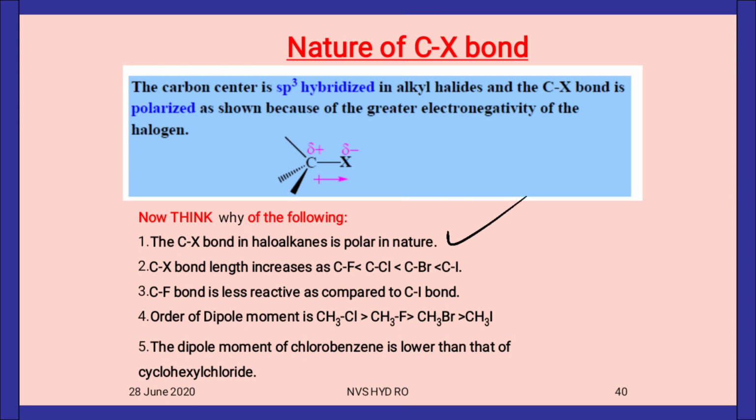The C-X bond in the haloalkane is polar in nature because of electronegativity. C-X bond length increases as C-F, C-Cl, because you know fluorine is the smallest atom. After that chlorine, bromine and iodine. Iodine's reaction is the slowest, so bond length increases: fluorine, chlorine, bromine and iodine. C-F bonds are less reactive as compared.